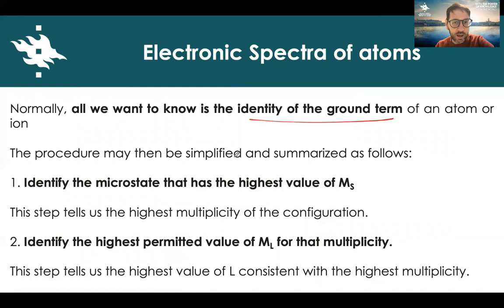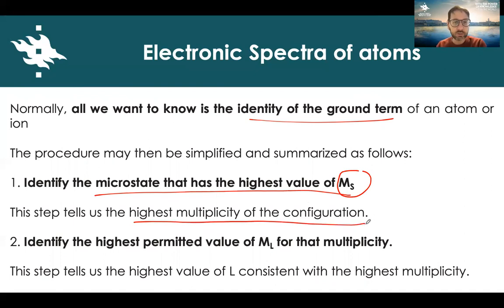And this, according to Hund's rules, we can do easily by identifying the microstate with the highest value of spin angular momentum. So this will have the highest spin multiplicity of that configuration. And for that multiplicity, we then identify what's the largest value of orbital angular momentum that will be possible.